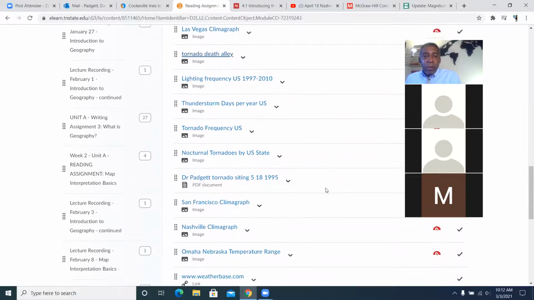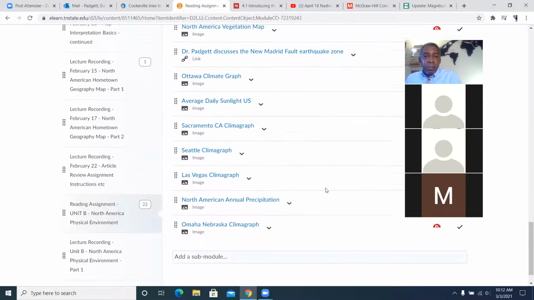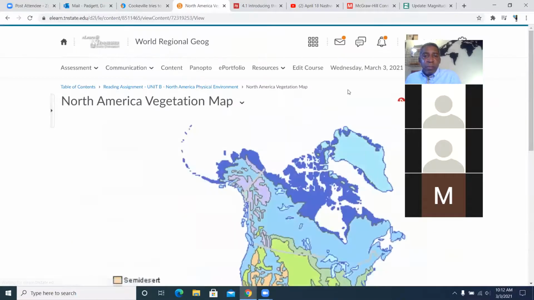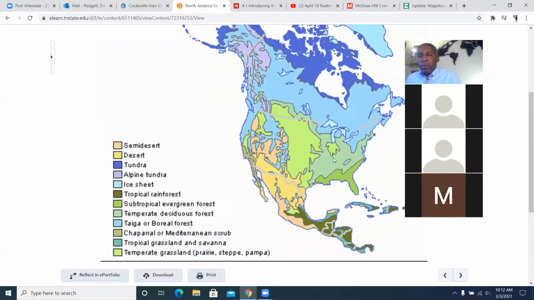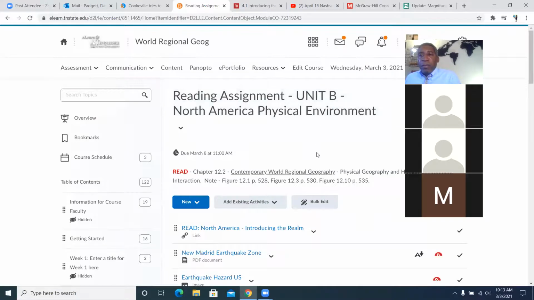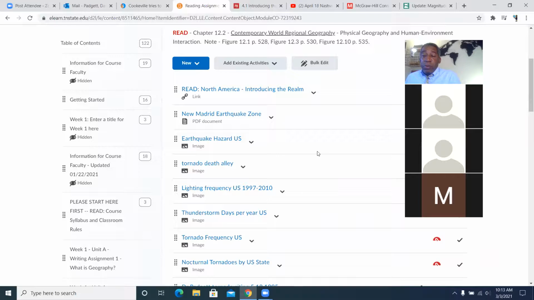We covered this vegetation map last time again. So all of these maps should be on your list of things to read or study this week, so that you'll be prepared for the quiz.